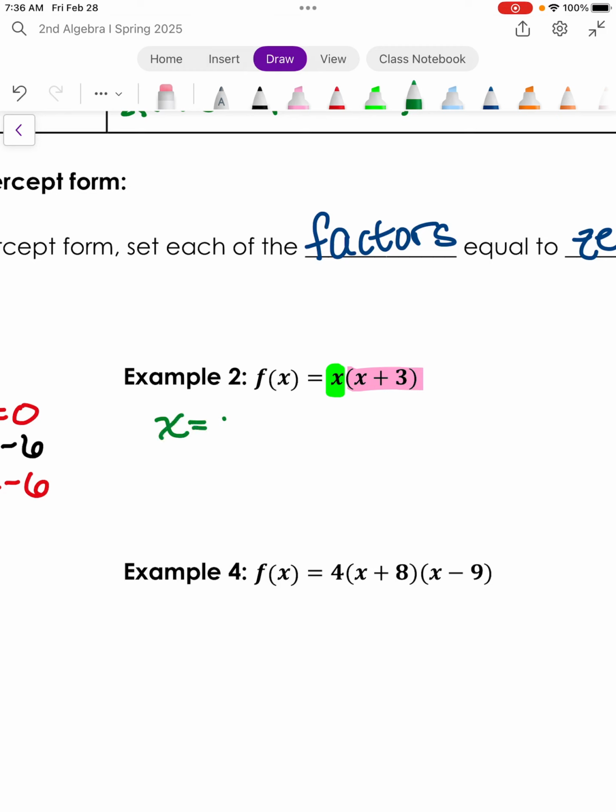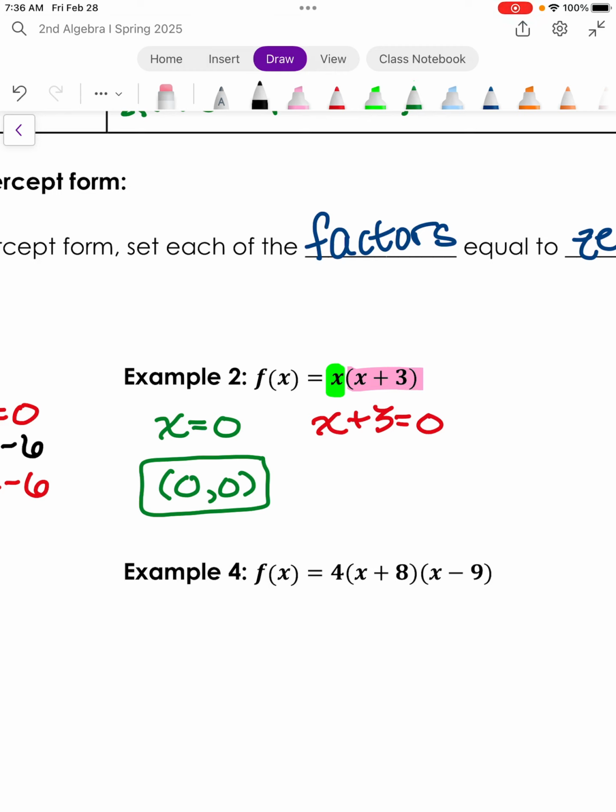Set each of your factors equal to 0 and solve for x. For my first example, x is equal to 0. There's nothing to solve for. It's already solved. So that intercept is at 0, 0. For x plus 3, I'm going to subtract 3 from both sides, and I get x equals negative 3. So that intercept is at negative 3, 0.